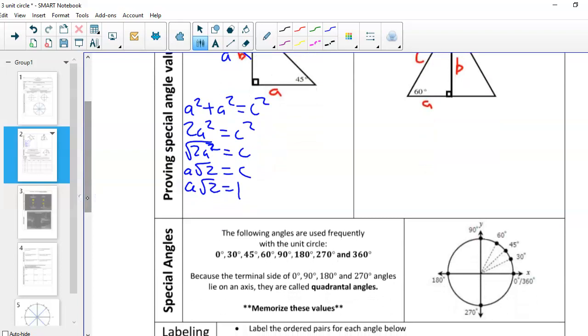So I can now solve for A. On our unit circle, the radius is always 1. So now solving for A is going to be 1 over the square root of 2. Can we leave that like that? No, we need to rationalize. So we can say A is the square root of 2 over 2.